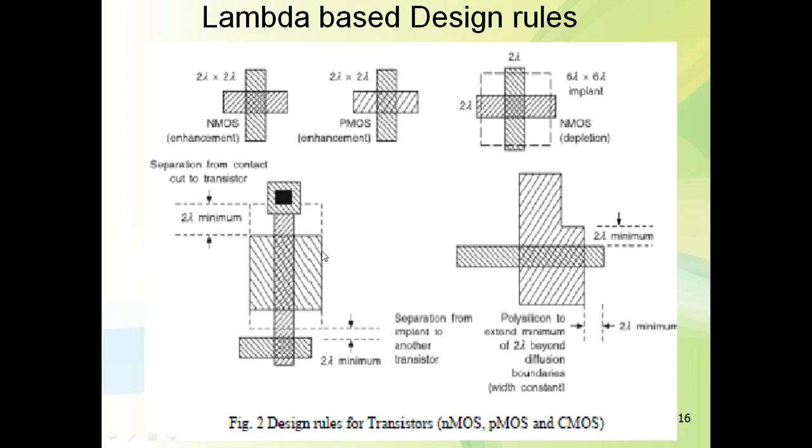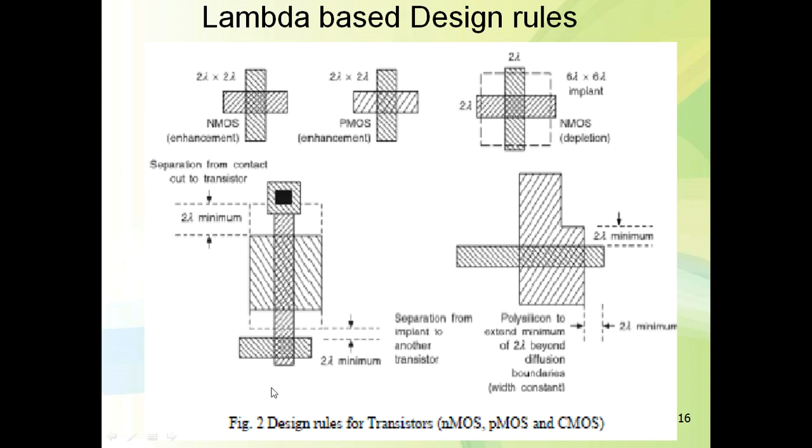Then how the depletion mode transistor and contact cut are shown here. Here is the depletion mode transistor, I think here it is a 4:1 depletion mode transistor, and this is the separation between the contact cuts. This is called a contact cut, a contact between metal and diffusion. So this is diffusion and metal, and there is a contact.